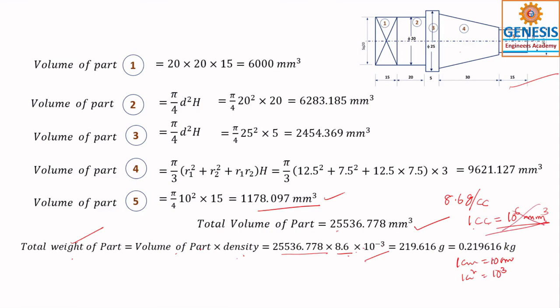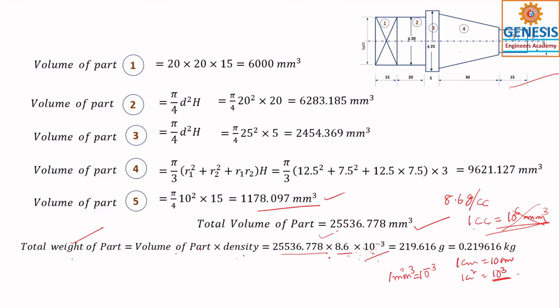1 centimeter is equal to 10 mm, so 1 centimeter cube is equal to 10 cube mm cube. I think I made a mistake here.